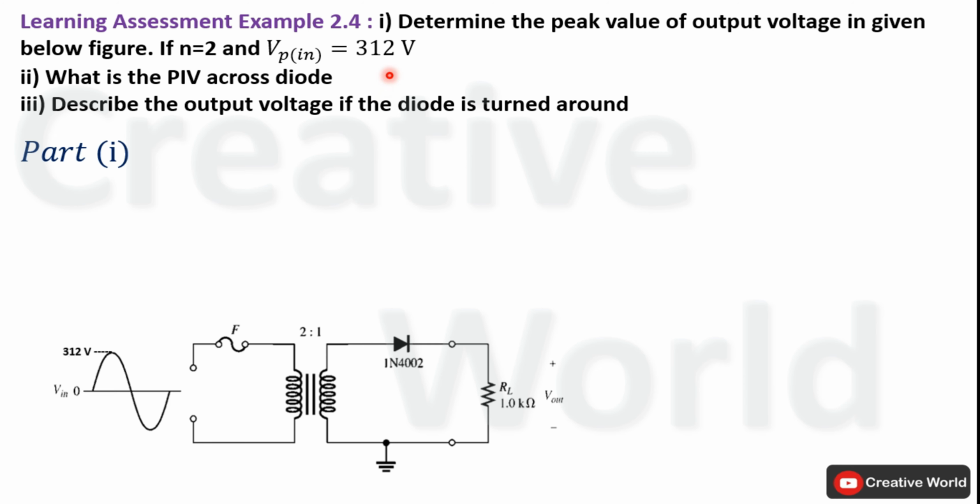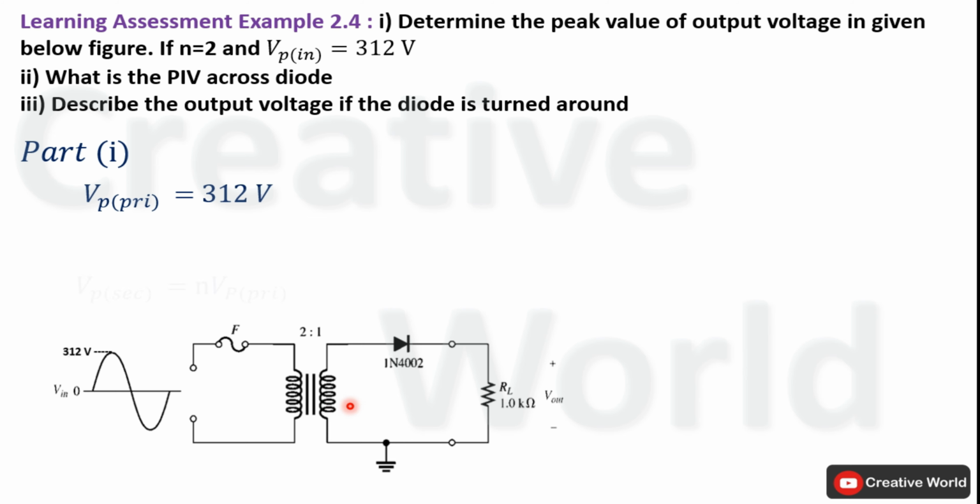In this first part, data is provided in the form of V peak input voltage and turn ratio of the transformer. V peak input voltage is 312 volt and this will act as the primary voltage for this transformer. So V peak primary voltage is 312 volt. Similarly, we know the turn ratio, so we can calculate its secondary voltage.